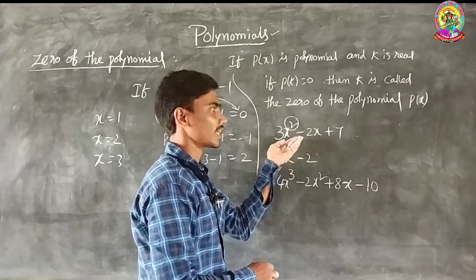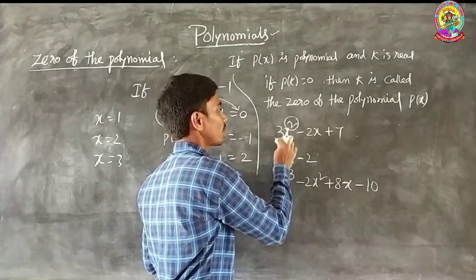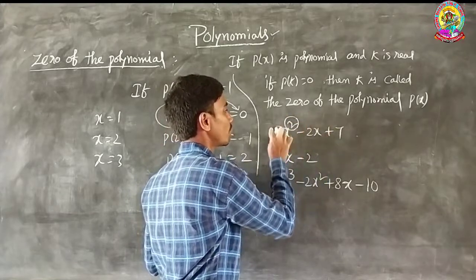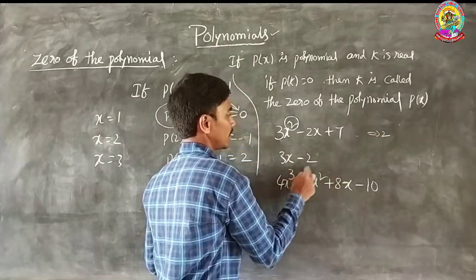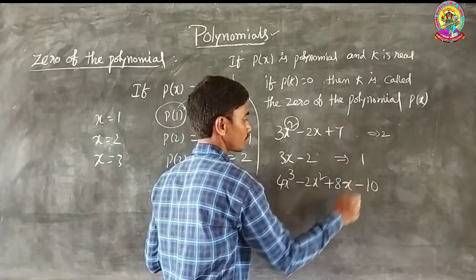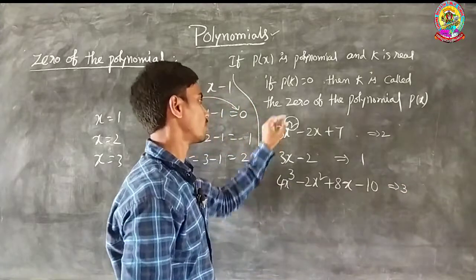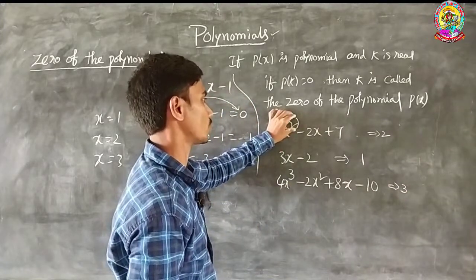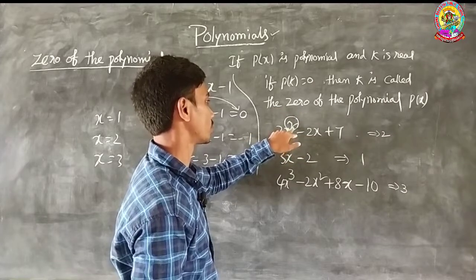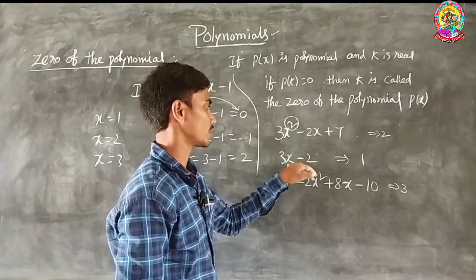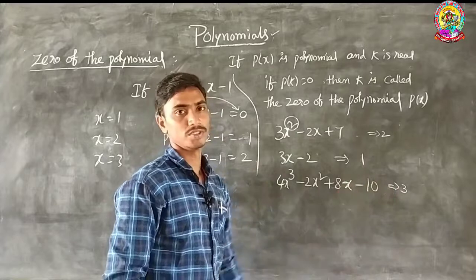Of course it may or may not have zeros, but at most the zeros of this polynomial is 2. Based on the degree we can say the number of at most zeros of the polynomial. Here the highest power term is 2, the degree is 2, that's why it has at most 2 zeros. If the degree is 1, it has at most 1 zero; if the degree is 3, it has at most 3 zeros.